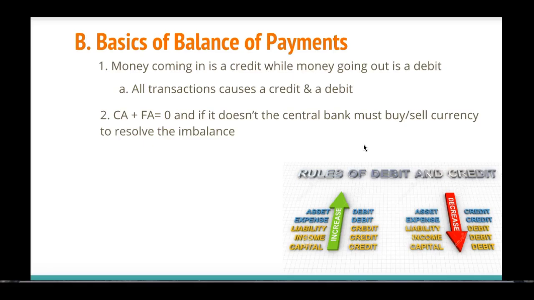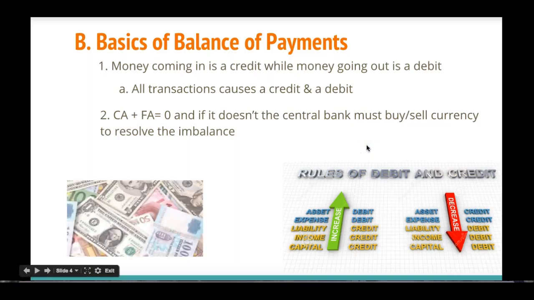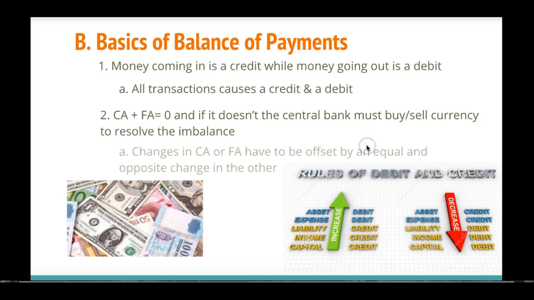So they're going to have to buy up some currency to get rid of some of those credits, or vice versa. Okay, so keep in mind that the central bank is there to kind of even out the score if it doesn't even out by itself. So they will take some of their currency and buy and sell.